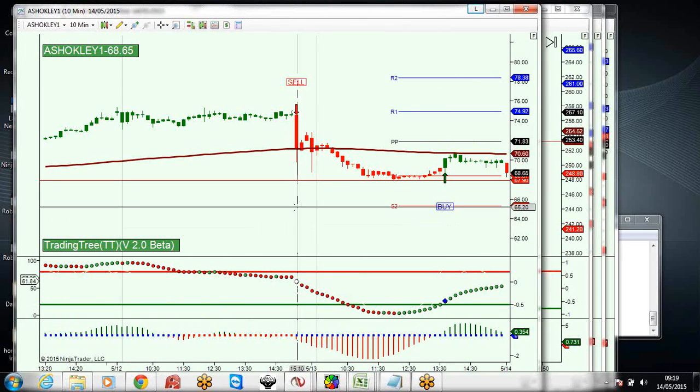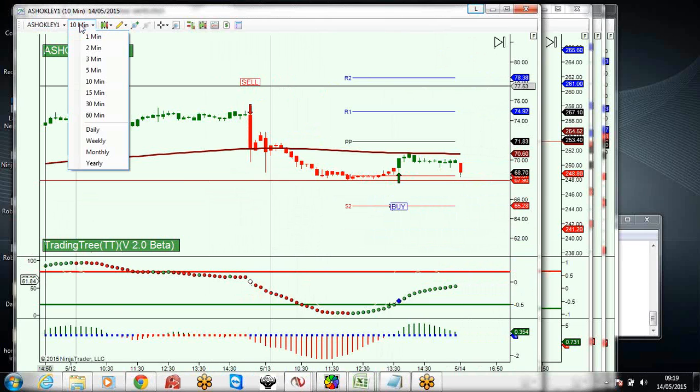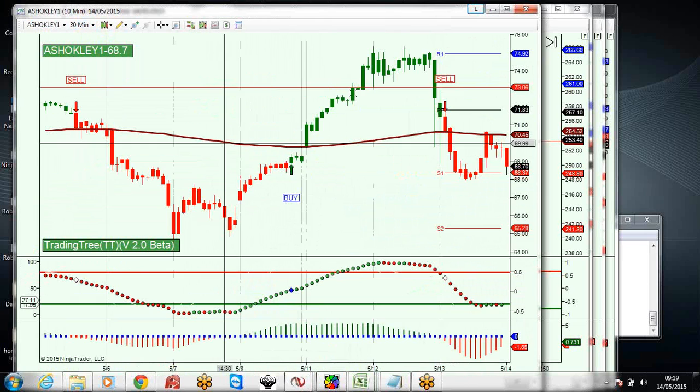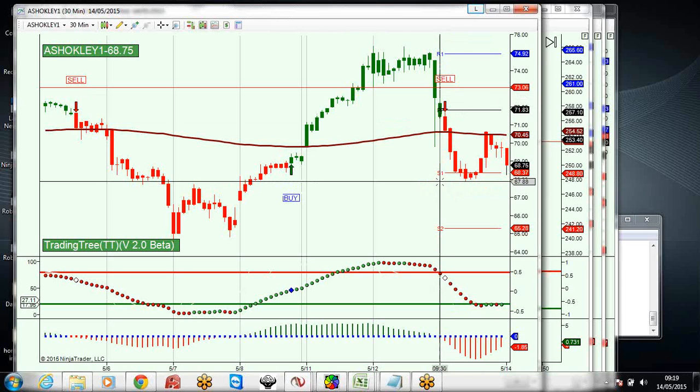Ashok Leyland, you can short it at 67.80. So 67.80, you can short Ashok Leyland.